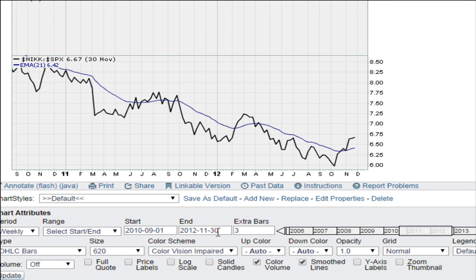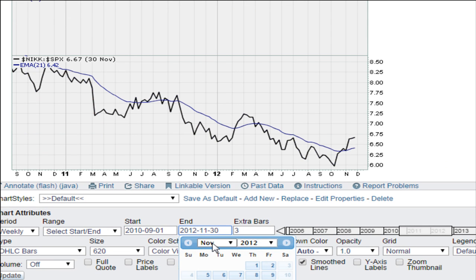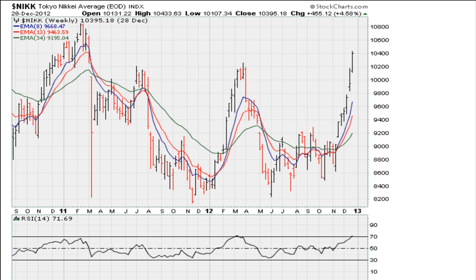So I want to move and see what happened 1 month after that. Let's go to end of that year. And guess what happened? What was supposed to be an area of potential resistance was actually rejected by the market. At that point, there's no uniformity. So that actually is a buy signal somewhere here.